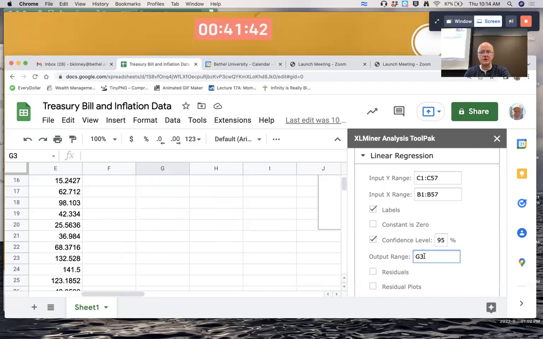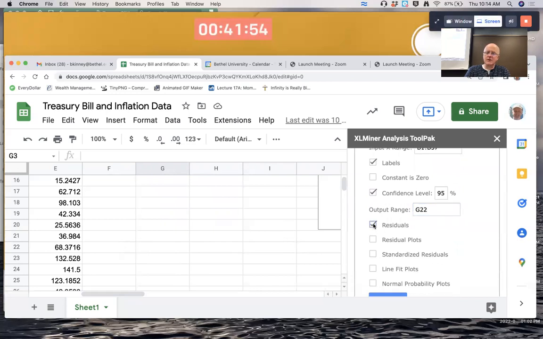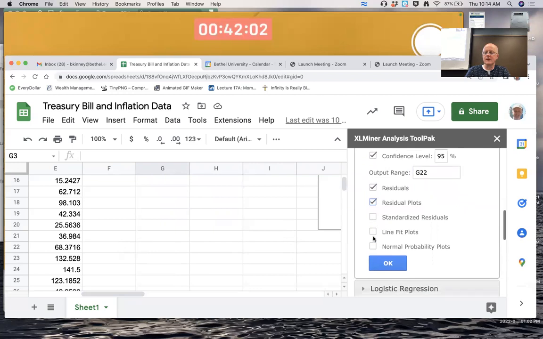I'm going to type G22 in there. It's going to be the upper left corner of the output. Let's go ahead and check the boxes that say residuals and residual plots. Let's leave the rest alone for the moment. Click OK.